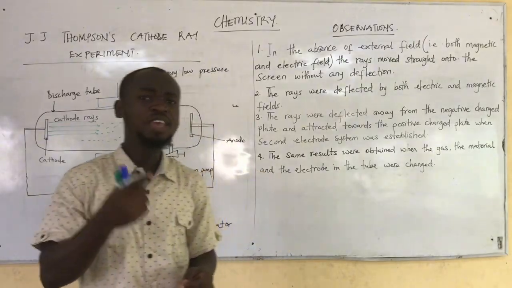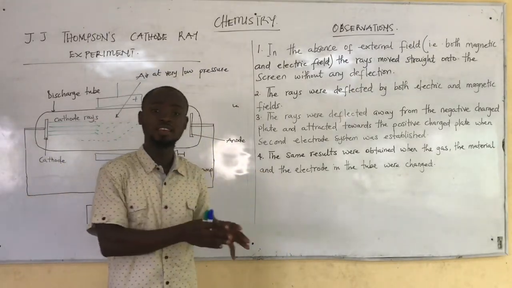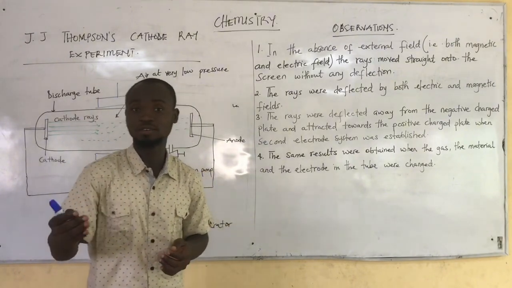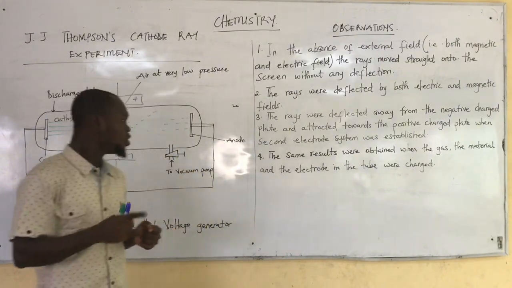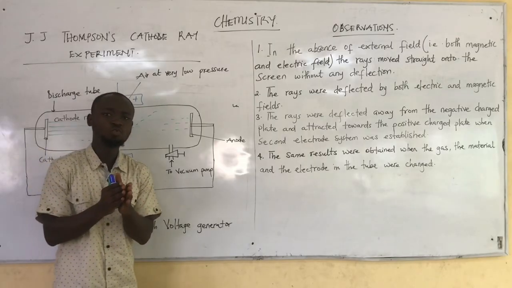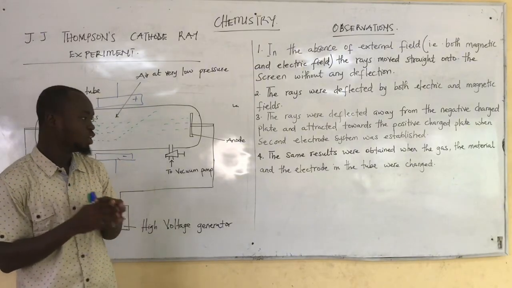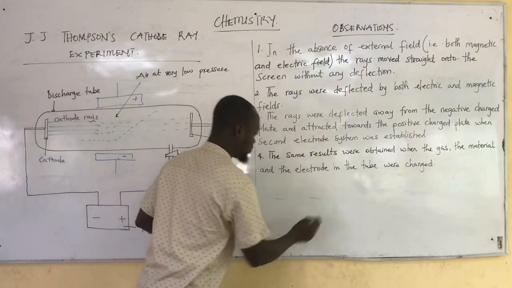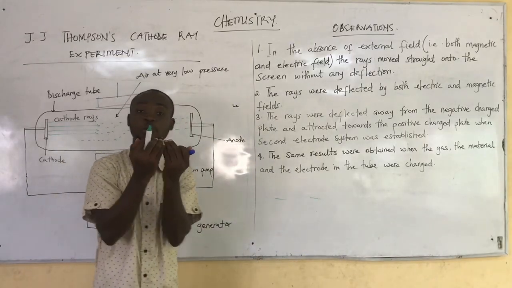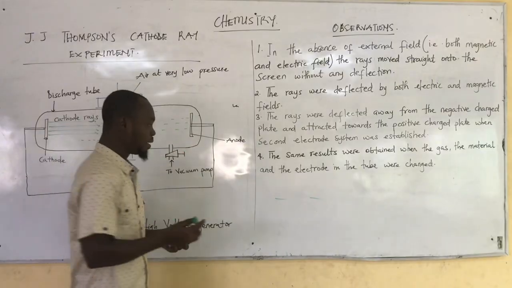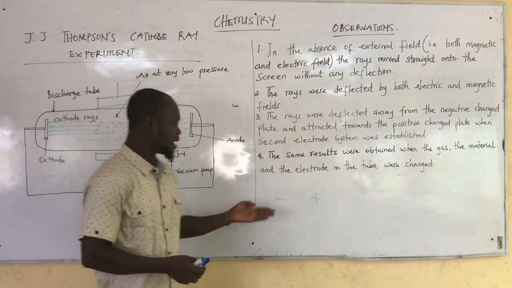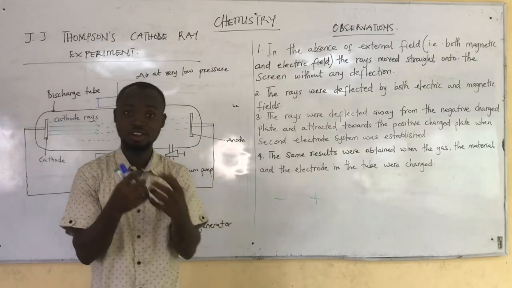And if they are charged particles, what particles are they? Are they positively charged or negatively charged? He reasoned that only like charges will deflect away from each other. If I have a negative charge and another negative charge, once they come together there is repulsion or deflection. But if I have a negative charge and a positive charge, there is attraction.